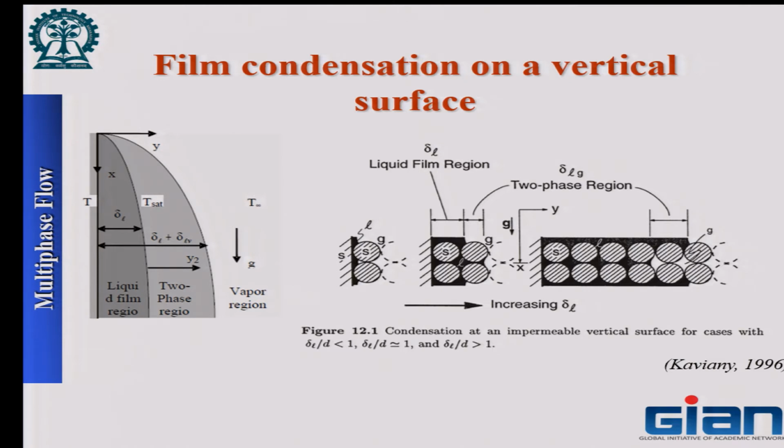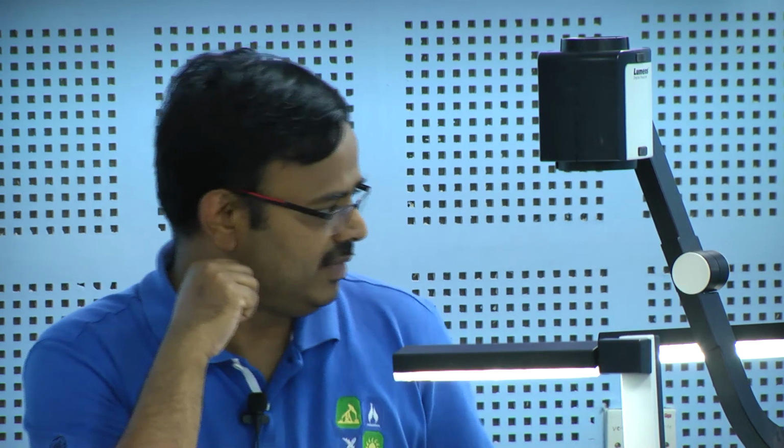This is very characteristic of porous medium. Then next to that, there is another layer which will have both liquid and vapor, and then outside that layer you will have just vapor.